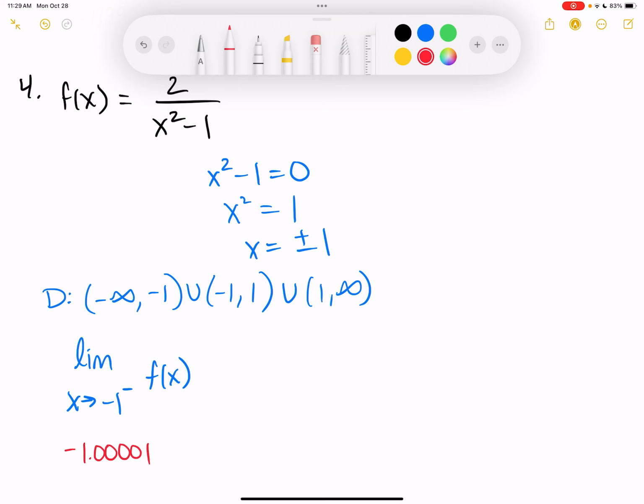So when I plug that in, and eventually you'll get to where you don't need to see it typed in, so 2 over, I would put it in parentheses, negative 1.0001 squared minus 1. What do we think is going to happen? It's going to get bigger. So it's going to positive infinity.